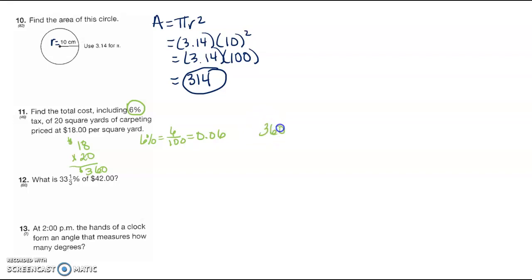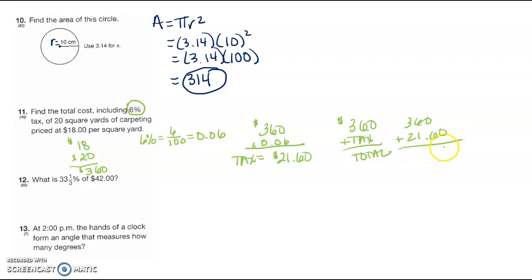So I need to find out what 6% of this is, because that's going to be my tax. Okay, and that's $21.60. And now I need to find my total. So I'm going to add my tax here and get my total. So it's 360 plus 21.60. There we go. And I get 381.60.